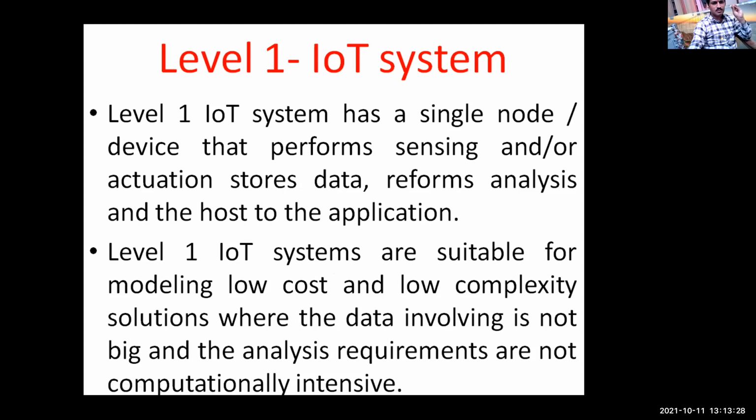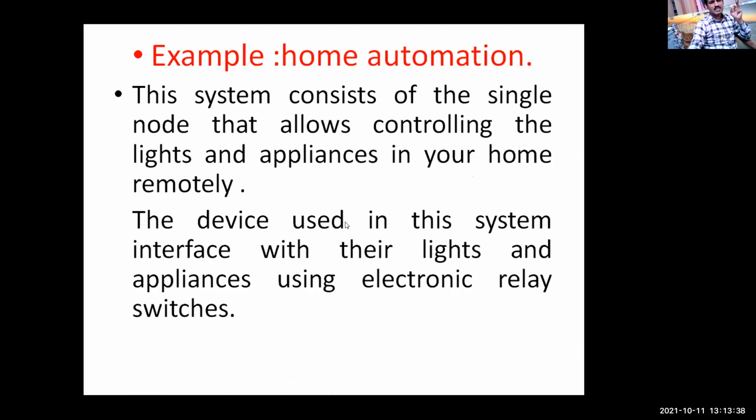When we have smaller data and we do not need many analytical operations, we prefer level 1. An example is home automation. This consists of a single node that allows controlling the lights and appliances in your home remotely. I want to control a light or any appliance remotely.